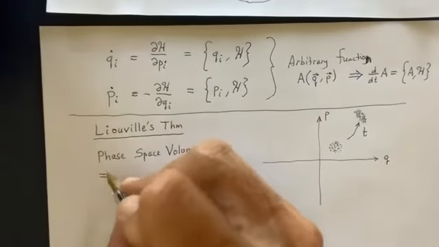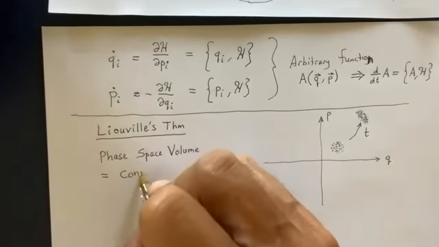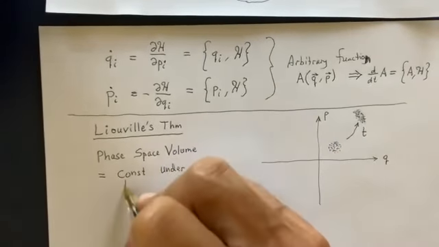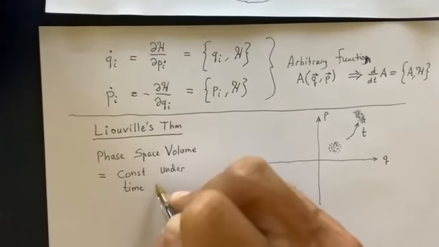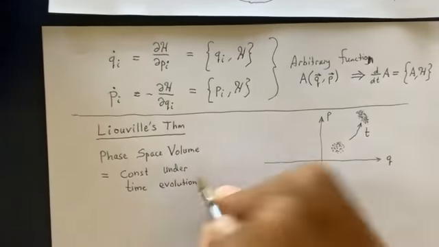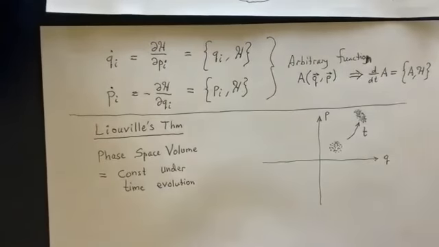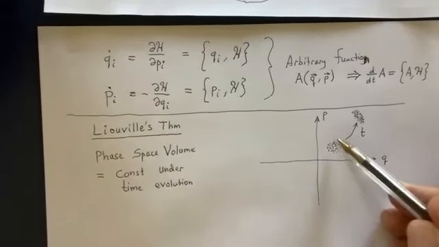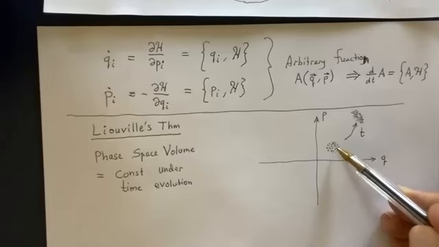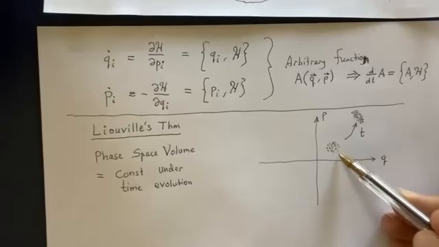So I'll write it like this, equals constant under time evolution. Okay. So what I had here, originally I drew a certain blob of particles. It quote looked like a circle. Of course, we can't really say it's a circle.